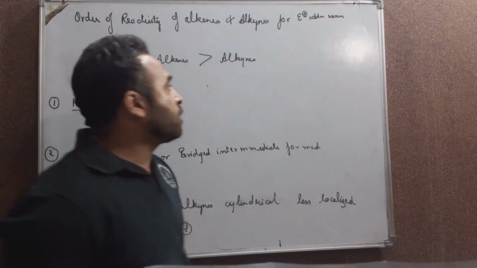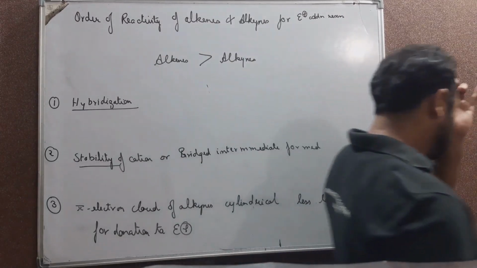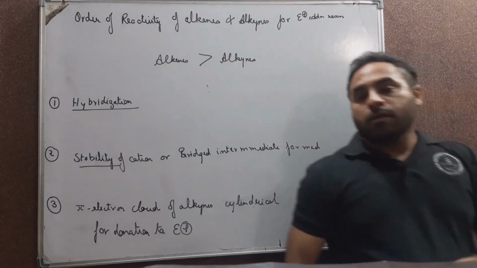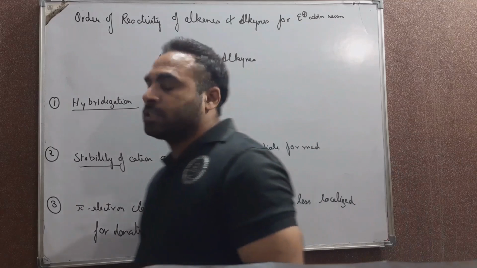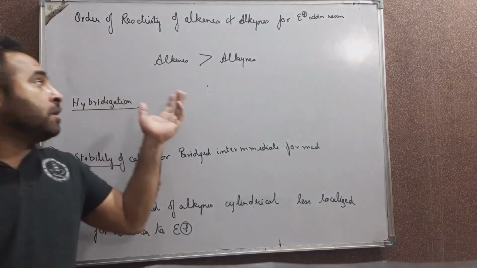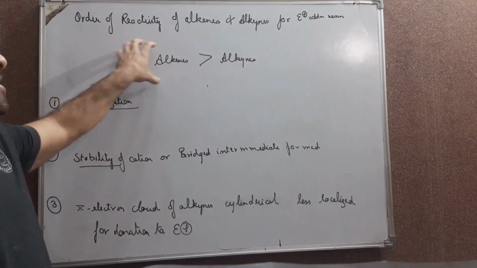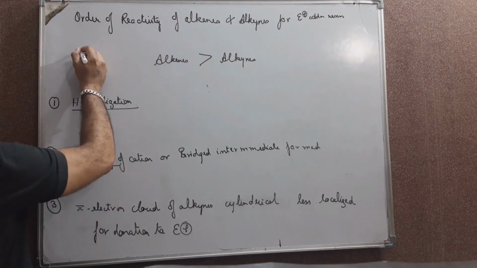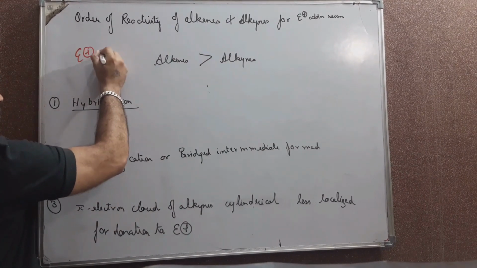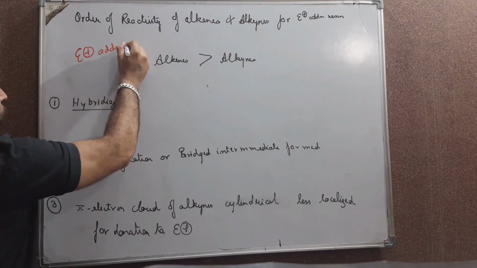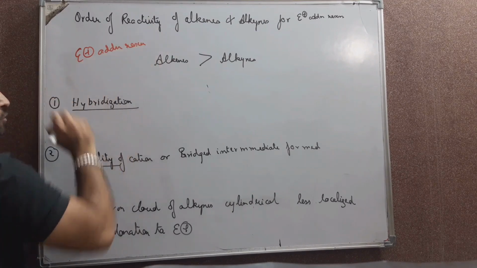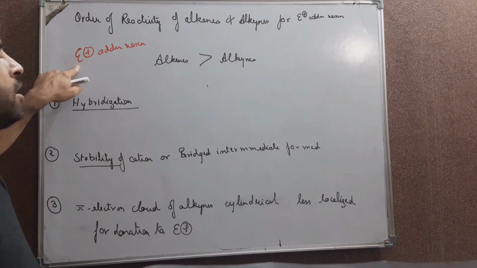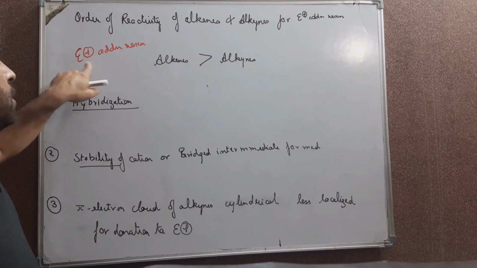Okay, now continuing our topic, which families show which kind of reactions. We have just discussed that alkenes and alkynes show electrophilic addition reactions. An electrophile is a species which is electron deficient, so it is generally represented by E with a positive charge.